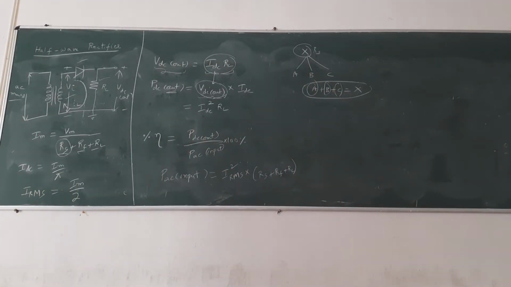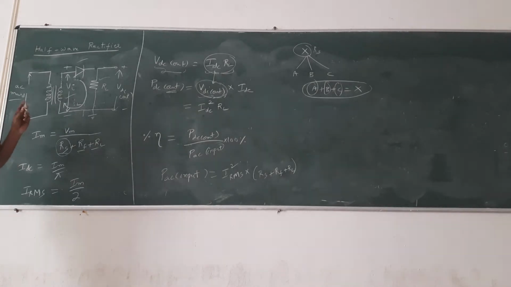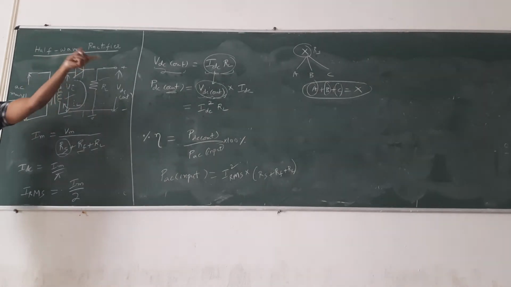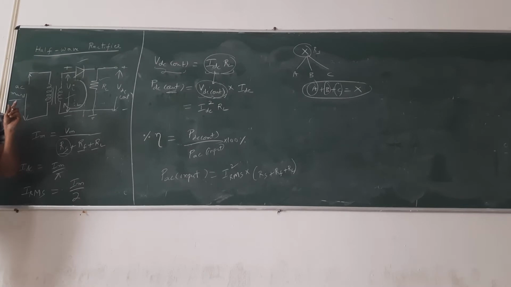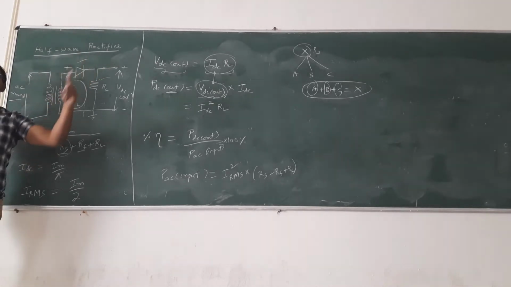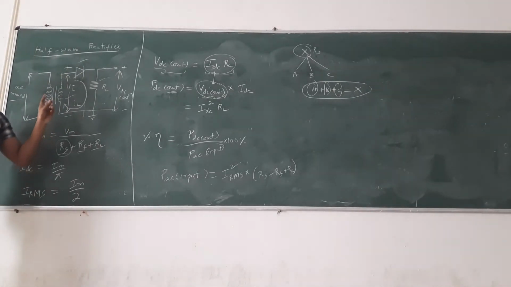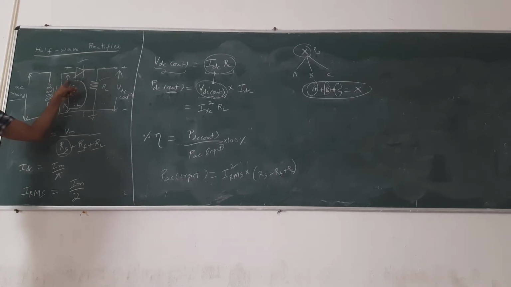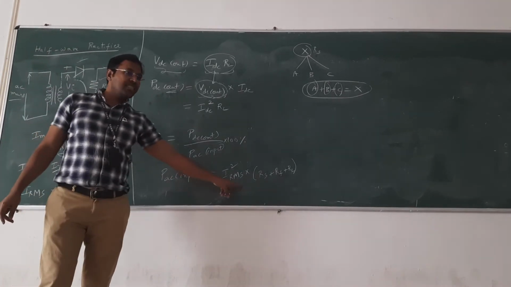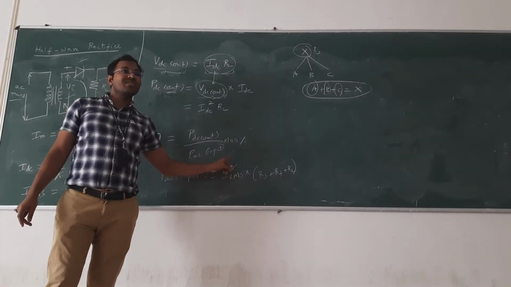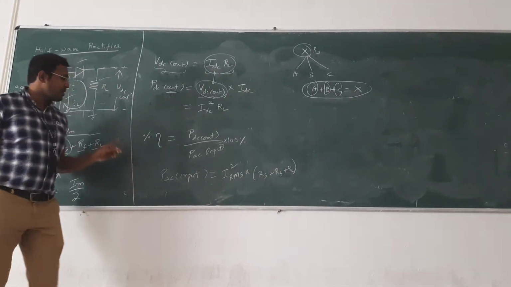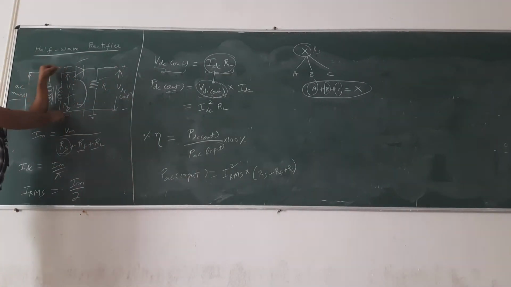Power is I square R. AC power will be the square of the AC current multiplied by the resistance. AC current is IRMS, so IRMS square multiplied by RS plus RF plus RL, since we are finding the total input power.